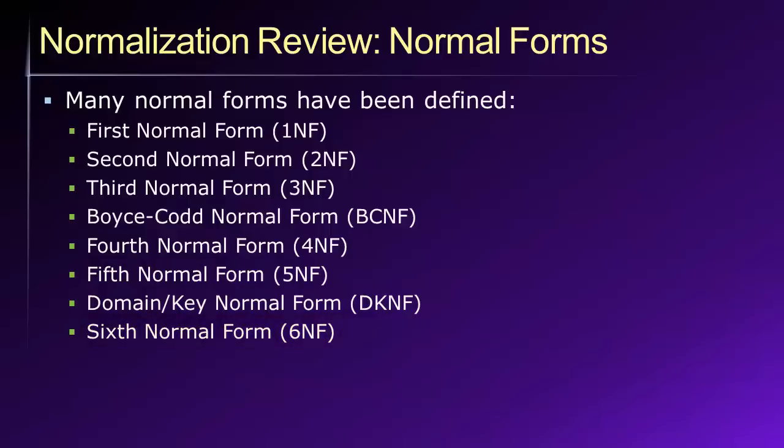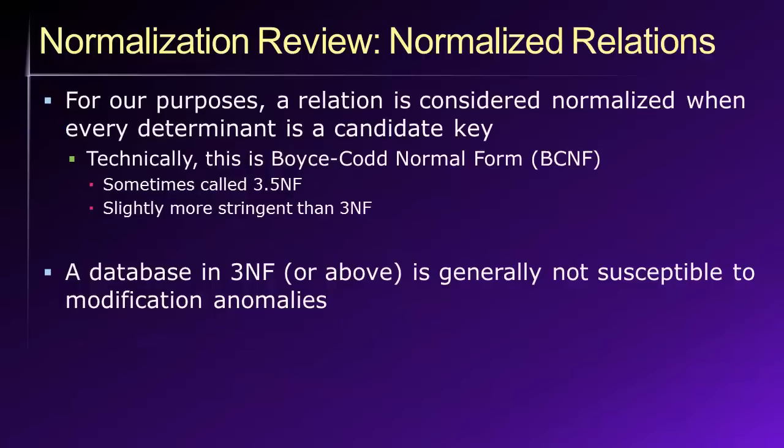So many additional normal forms have been identified. For our purposes, a relation is considered normalized when every determinant is a candidate key. And again, technically, this is known as Boyce-Codd normal form.